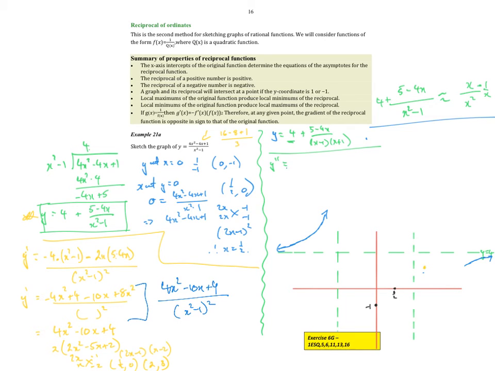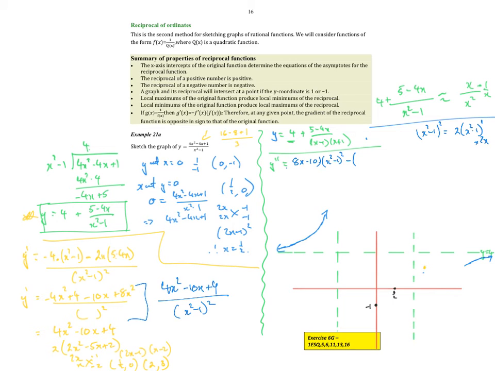So y double dashed is equal to the derivative of the top, 8x minus 10, times the bottom, (x squared minus 1) squared, minus the derivative of the bottom. So what's the derivative of (x squared minus 1) all squared? That's equal to 2 at the front, (x squared minus 1) to the 1, times 2x.